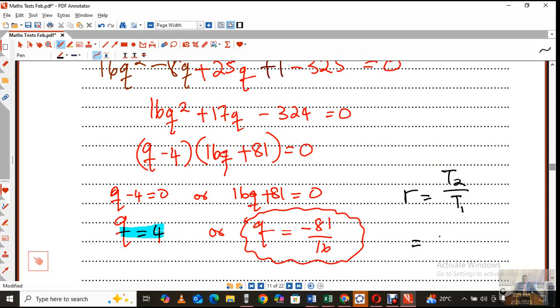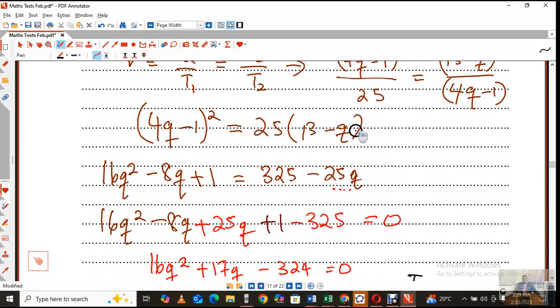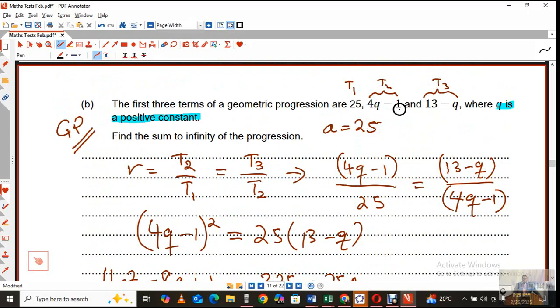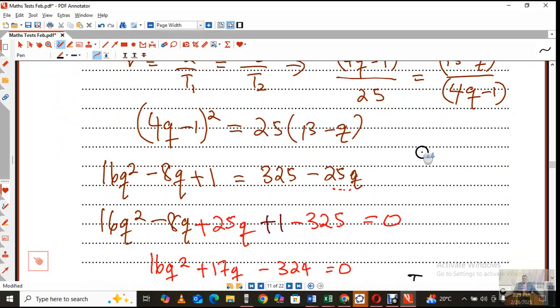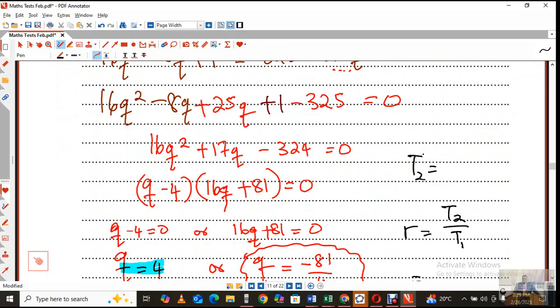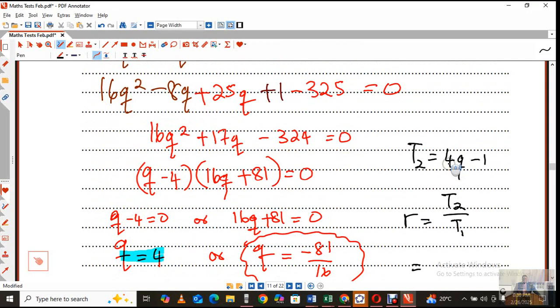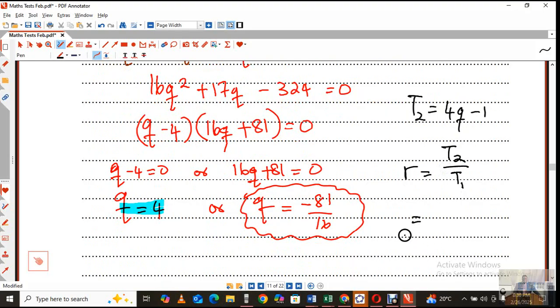If you go back, term 2 was 4q minus 1. So just write it down there, that is 4q minus 1. Now, I know what q is. q is equal to 4. So let's find our r by saying 4 times 4 minus 1, divided over 25.